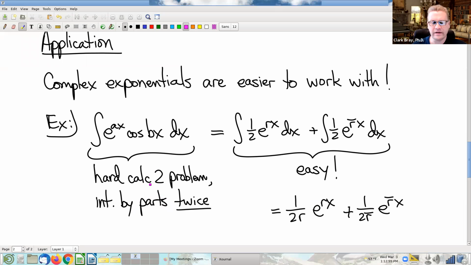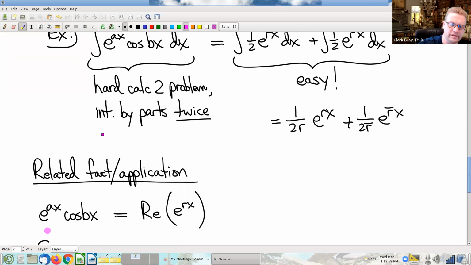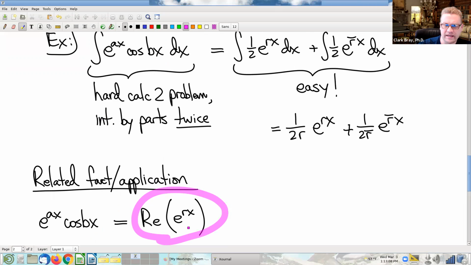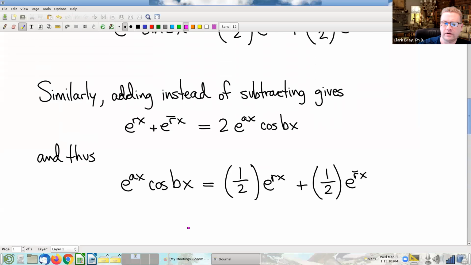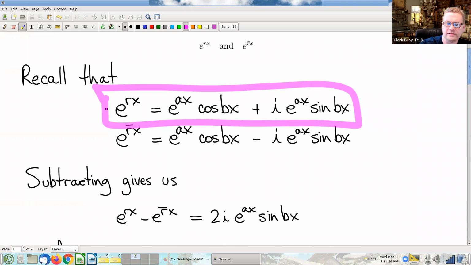Okay, now here is a related fact. This e to the ax cosine bx that we were just looking at. Another way to think about that is it's the real component of e to the rx. That can be observed up here. E to the rx, you see right there, it is the real portion.